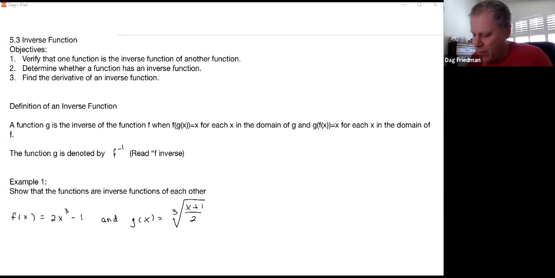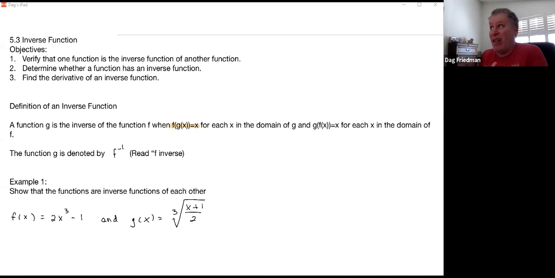So let's go through and determine if these two functions are inverses of each other, using the fact that if we look at the composite for these functions, if I take f and evaluate it at g, I should get out x. Or if I take g and evaluate it at f, I should get out x.